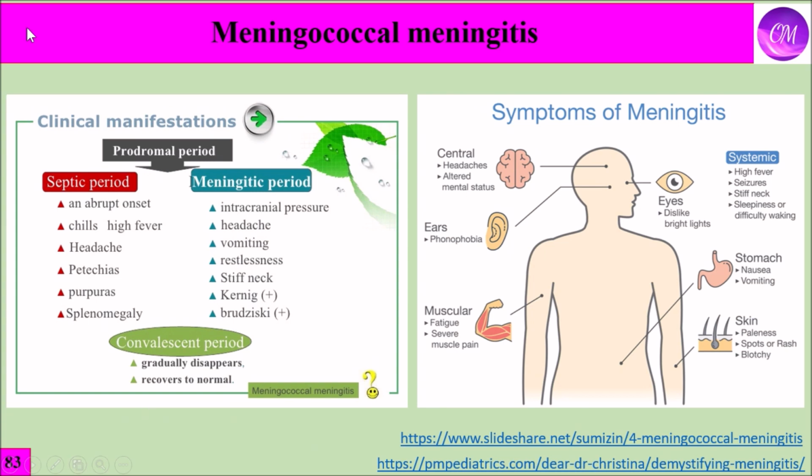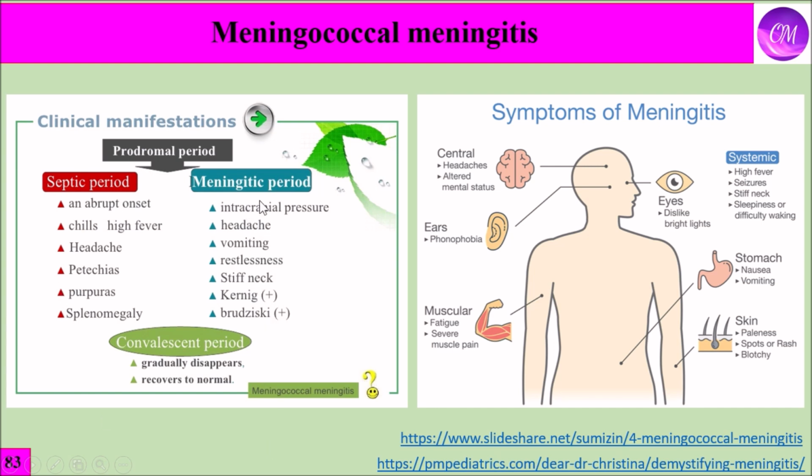And here we see the clinical manifestations and symptoms of meningitis. There is a prodromal period that continues to the septic period, the meningitic period, and the recovery period. In the septic period, there's an abrupt onset, chills, high fever, headache, petechiae, purpura, and splenomegaly.